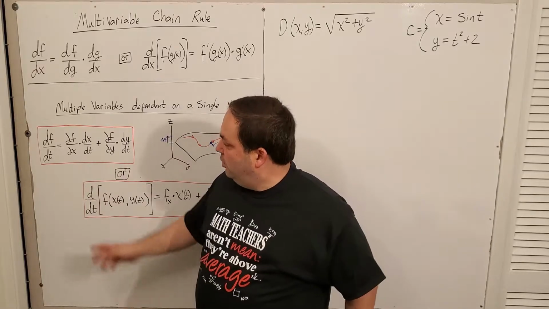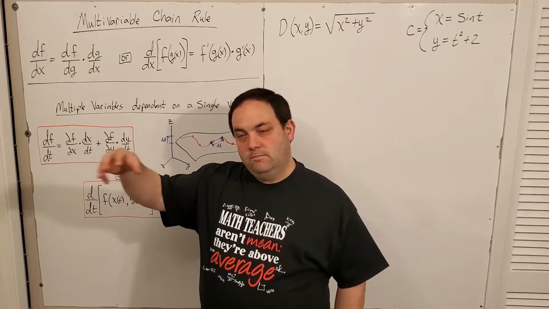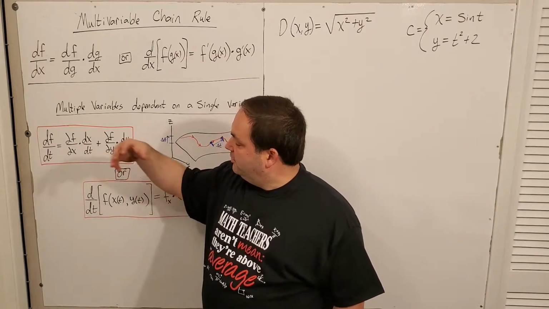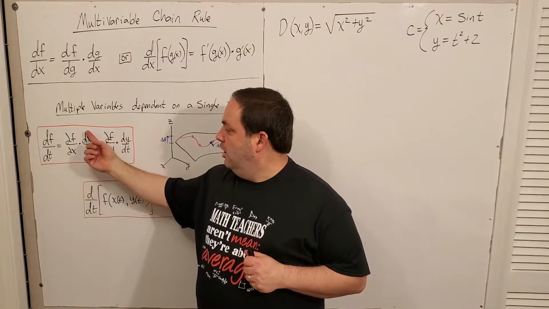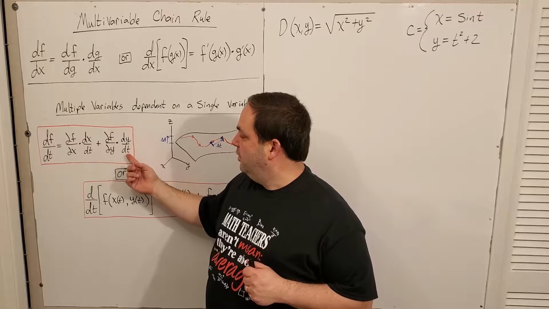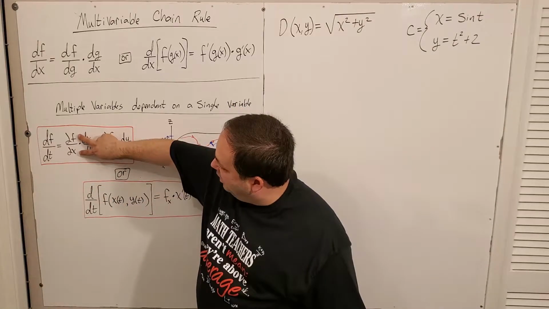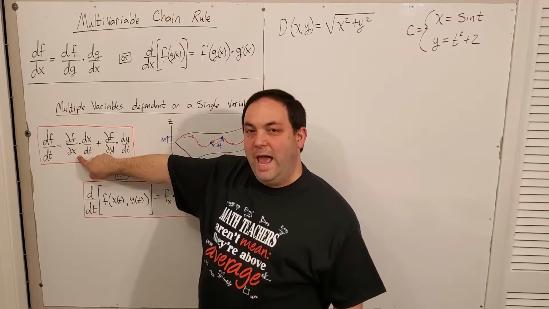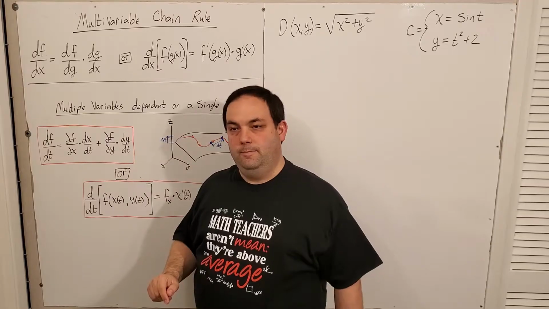So if you'll notice, this is sort of like a weighted, not a weighted average, but more like a weighted calculation. How much of the x change should I allow? How much of the y change should I allow? And it has to do with how the surface interacts with x, right? And how the surface interacts with y.